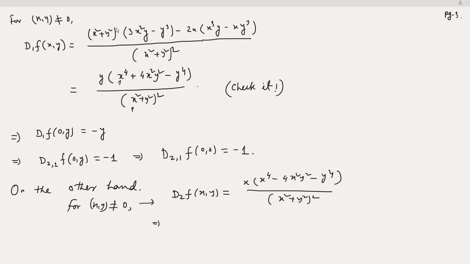Also d2f at (0, 0) is equal to 0. For d1,2 f at (x, 0), putting y equal to 0 here, this is equal to x, and this implies d1,2 f at (0, 0) equals 1.